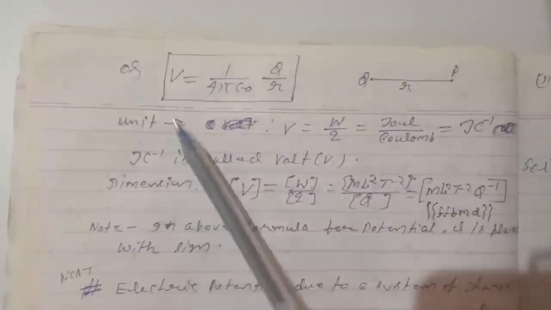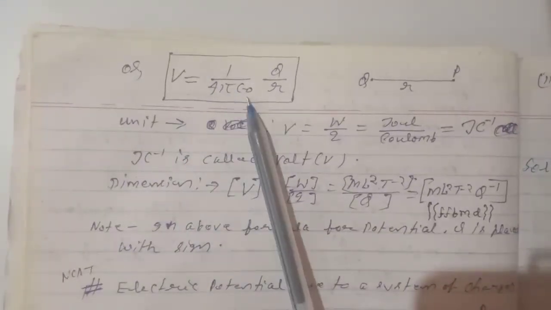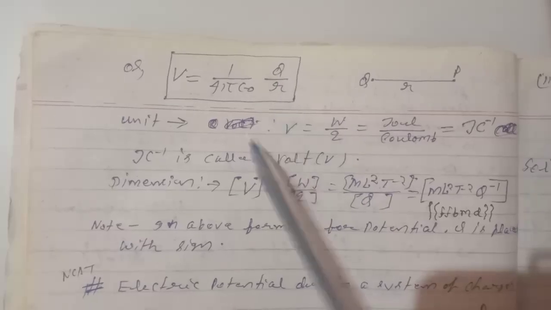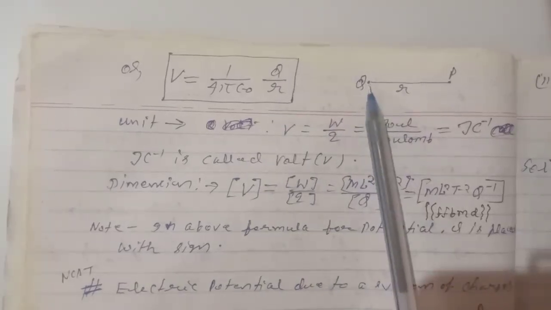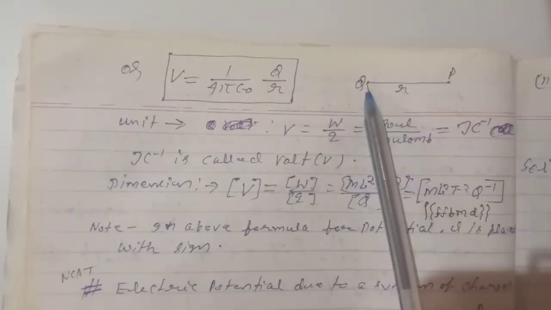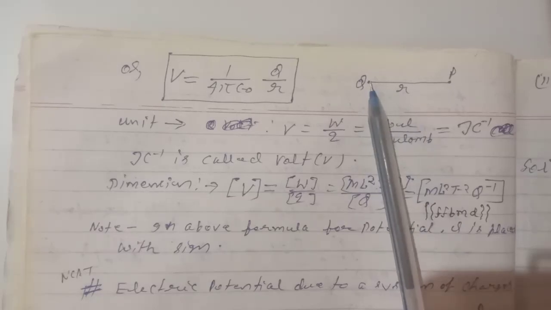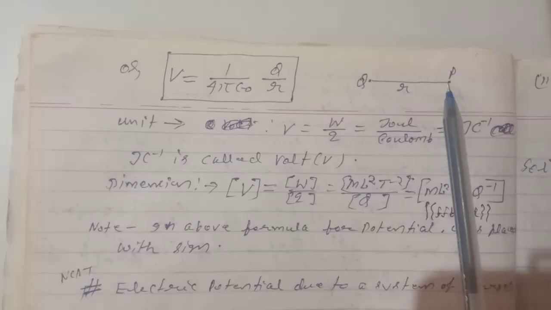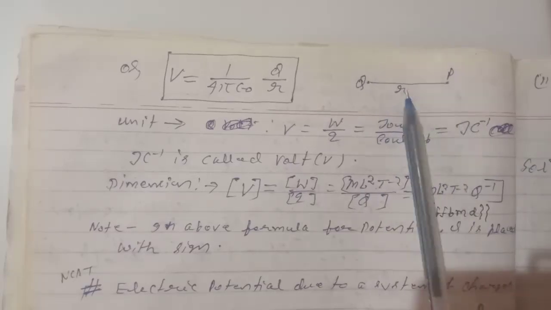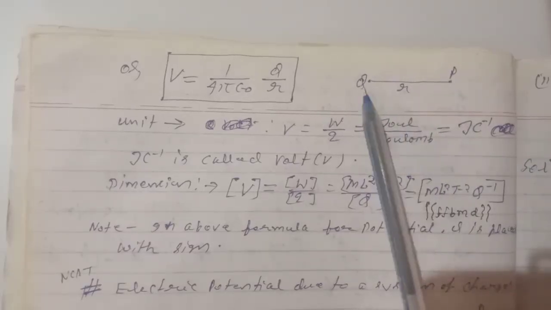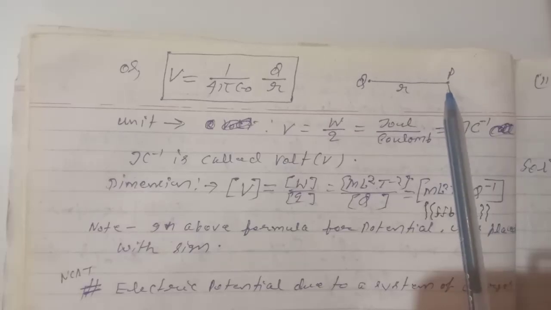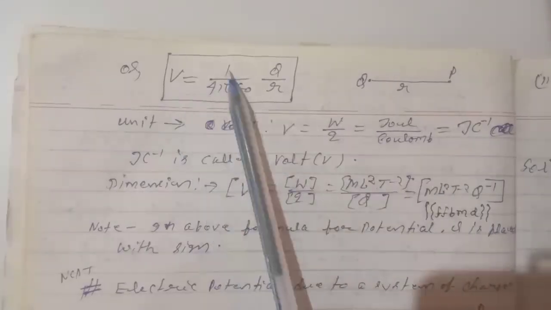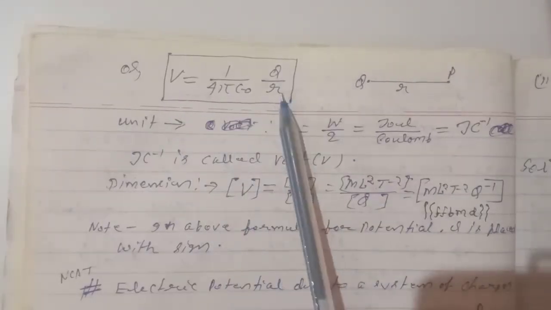So we have V equals, by the definition, 1 by 4 pi epsilon naught Q by r. If there is a charge Q and we have to calculate the potential at a point P at a distance r from the charge Q, then the potential at this point P will be given by this formula, V equals 1 by 4 pi epsilon naught Q by r.